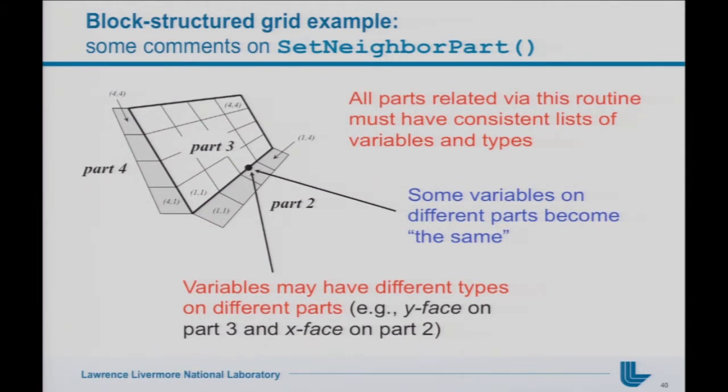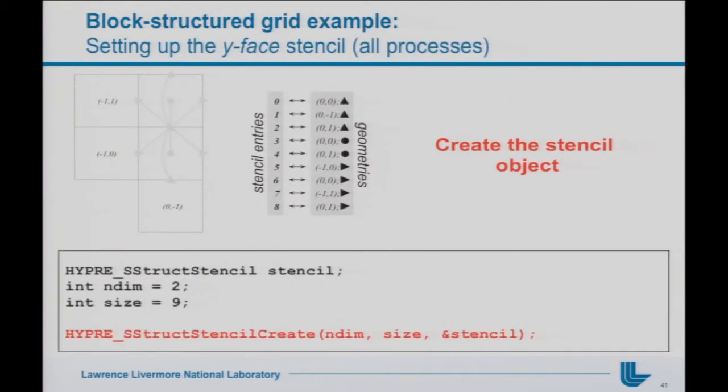And another thing to note here is that there are different types of variables. So on part 3, it's a Y face variable, and an X face variable in part 2. You don't have to know any of this stuff, but HYPRE has to deal with all these complications internally to sort of handle where all the data is and assign unique processors to own it when we do the linear solve and all these kinds of things.